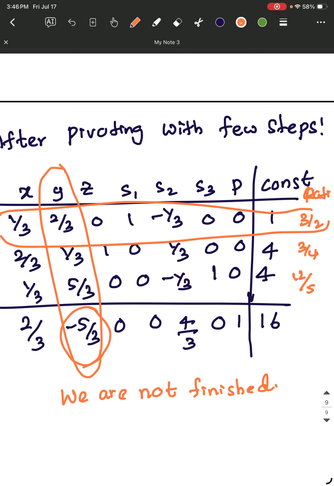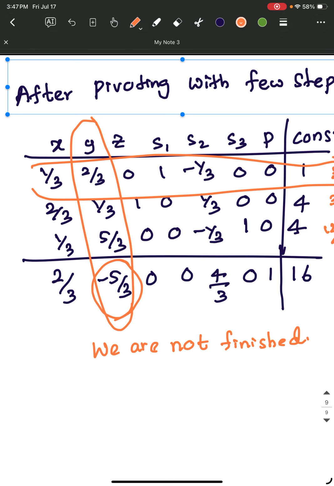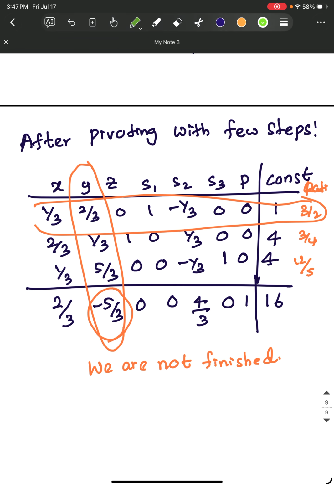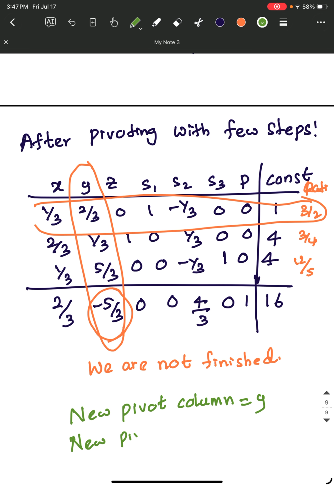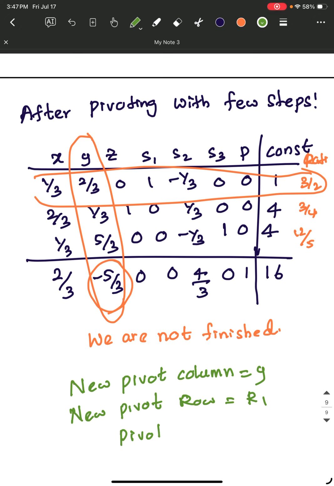Then the pivot row is row 1. New pivot column y, new pivot row R1, pivot entry two over 3.